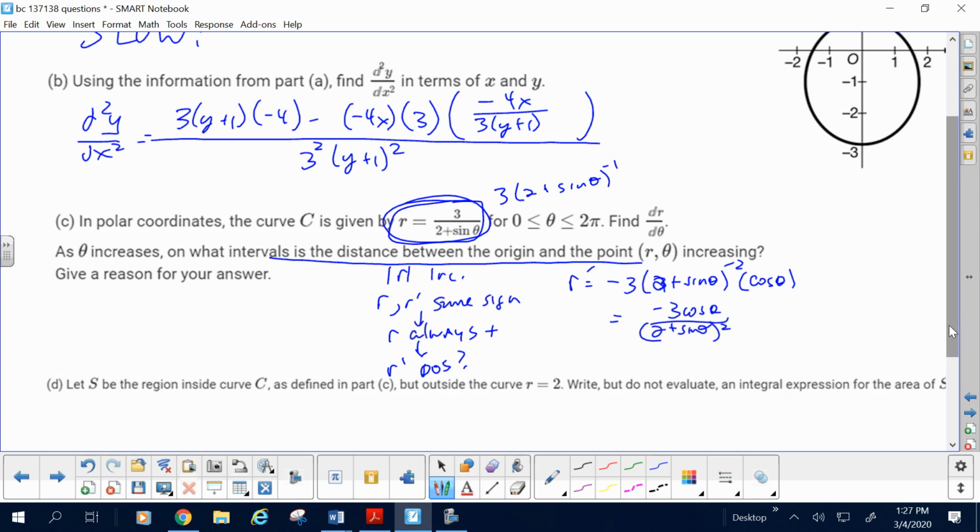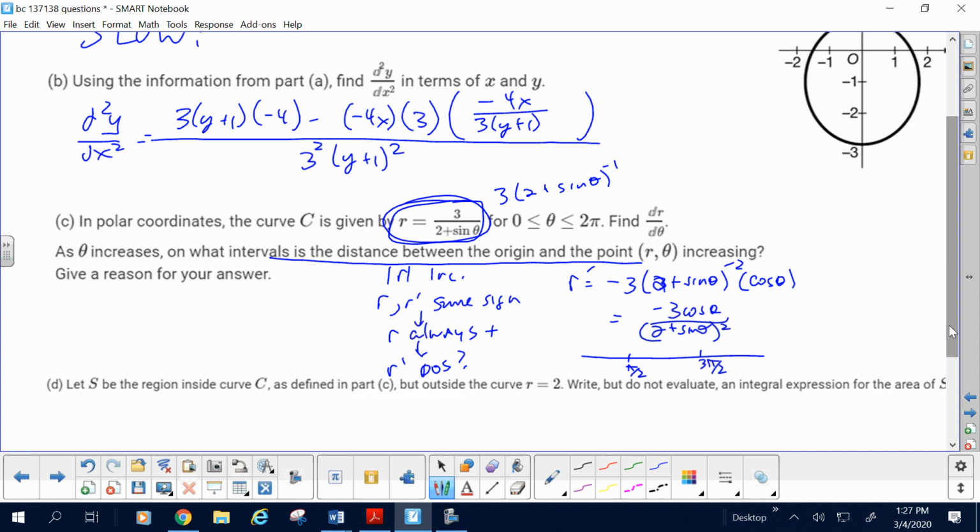We've already established that the denominator is always positive, so in terms of figuring out where zeros are and then sign testing, the zeros, where are they? Did you say pi over 2 and 3 pi over 2? Oh, you should. The bottom can't be 0, cosine is 0, pi over 2 and 3 pi over 2.